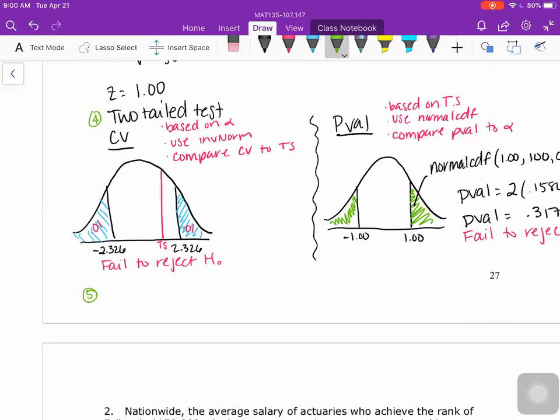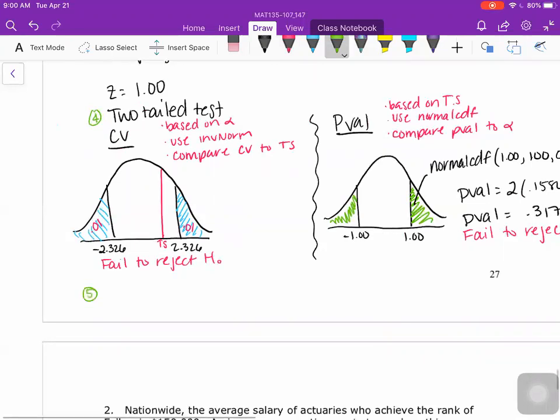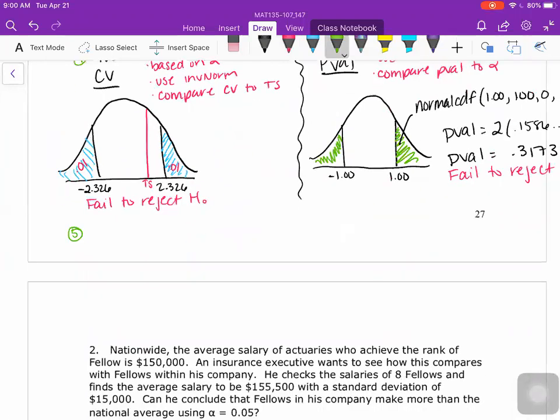In our fifth and final step, we state our conclusion, which is explaining our decision in the context of the problem. Since our decision was fail to reject the null hypothesis, then there is not enough evidence to support our claim.